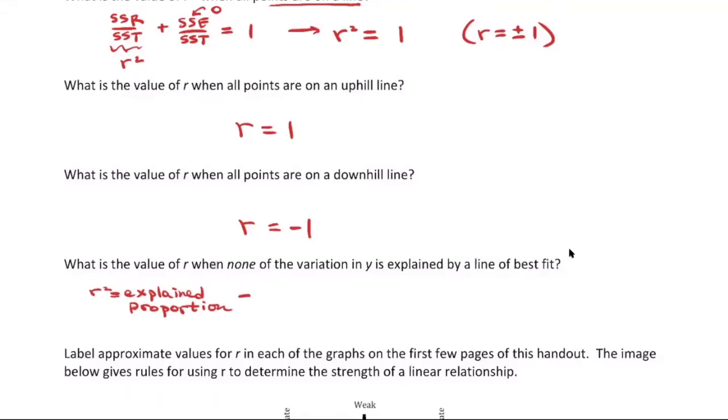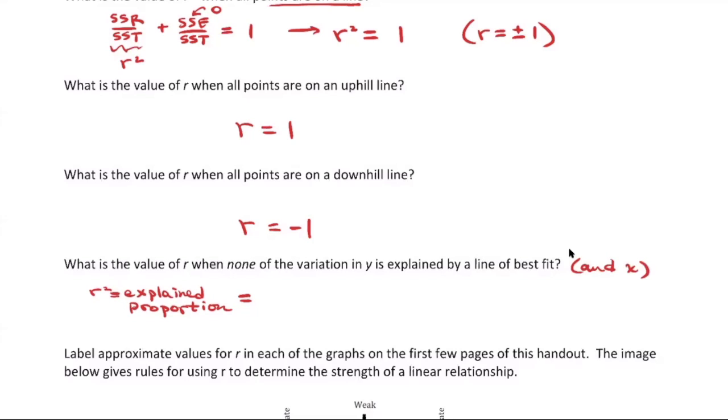And they're saying none of the variation in Y is explained by the line of best fit, or by X really. So I'm going to add to this: X is the explanatory variable.